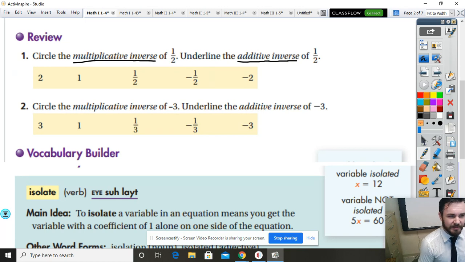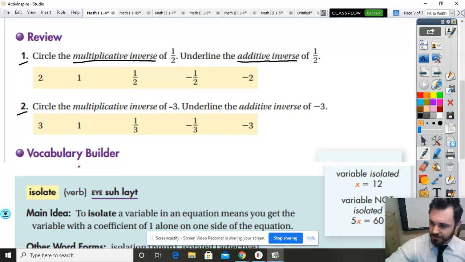Just Google, what's multiplicative inverse? What am I multiplying by that would be the inverse of 1/2? Or what do I need to add to 1/2 so that I get a value of 0? But I'll let you figure that out. And the same thing for number 2. When you do your notes, I'm going to look back to see if you've looked these two definitions up and answered those questions.